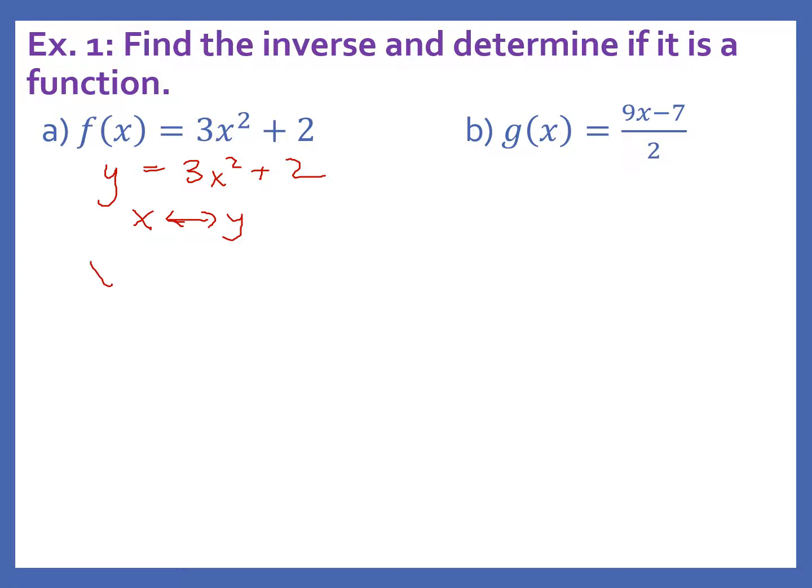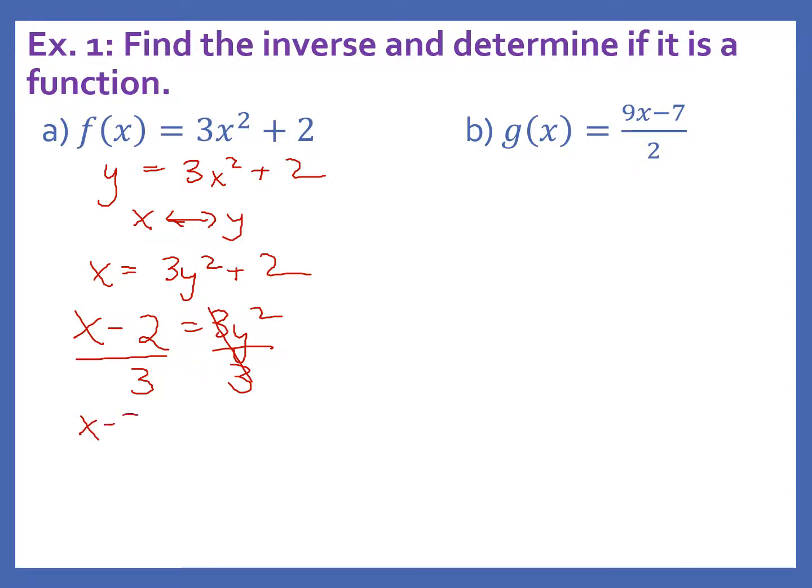So this is going to become x equals 3y squared plus 2. And then from there you solve for y. So x minus 2 equals 3y squared. Divide everything by 3. We're left with x minus 2 over 3 equals y squared.